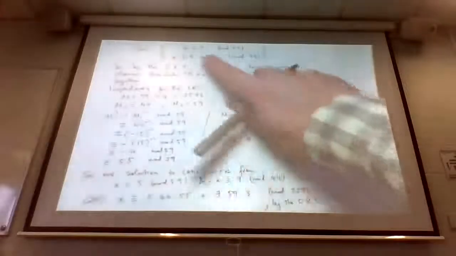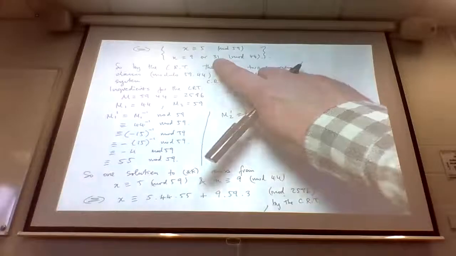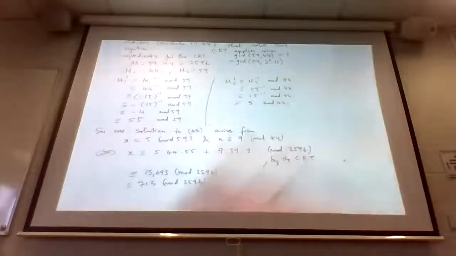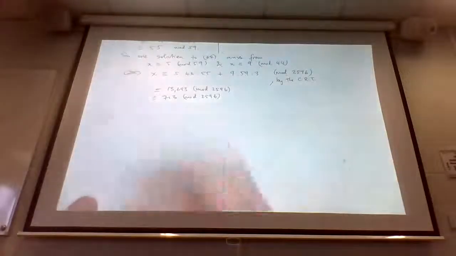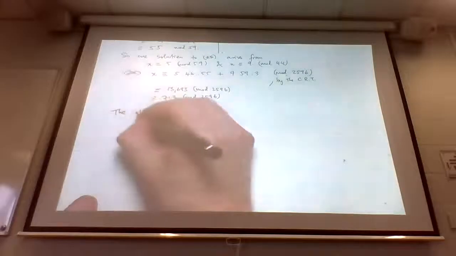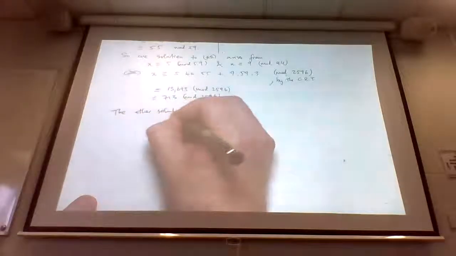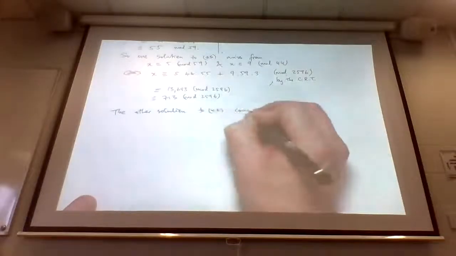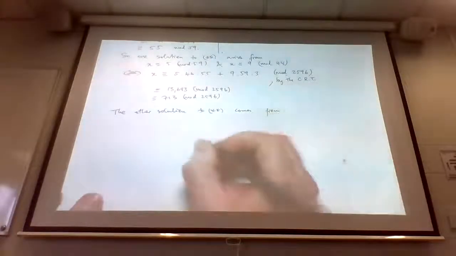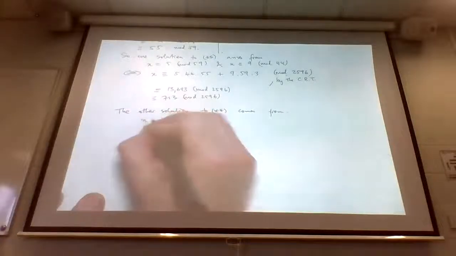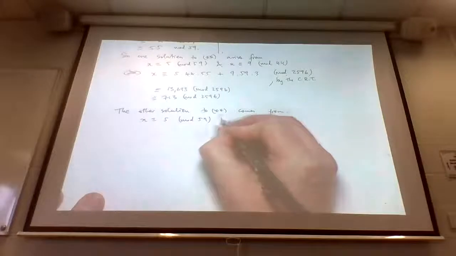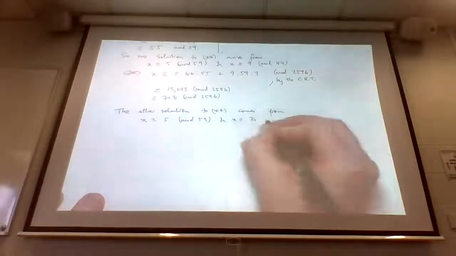The second solution is going to come from taking the second congruence class that solves the second congruence. The other solution to star comes from, so you still have x congruent to 5 mod 59, but now you have x congruent to 31 modulo 44.